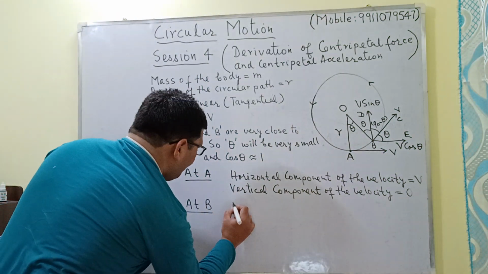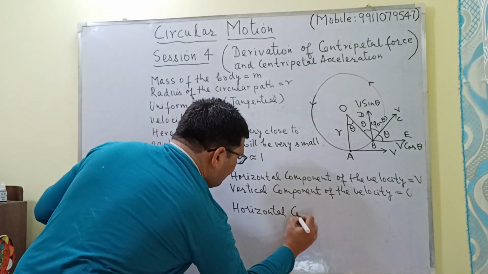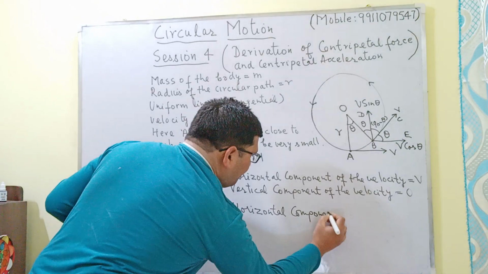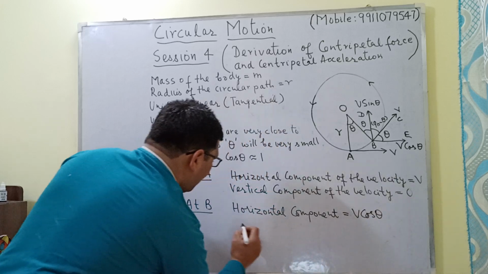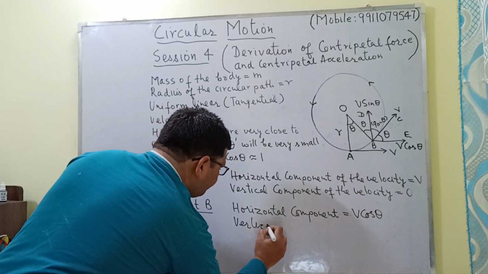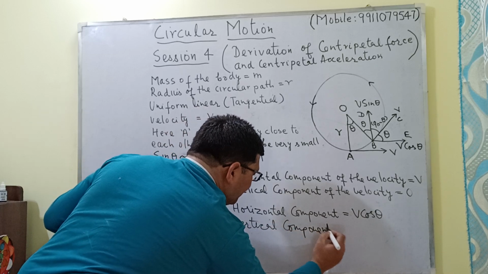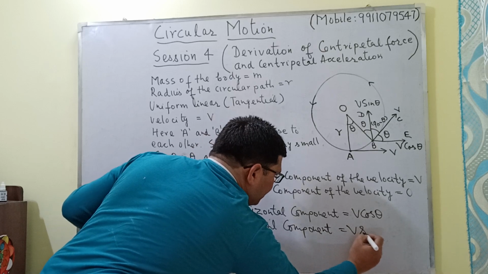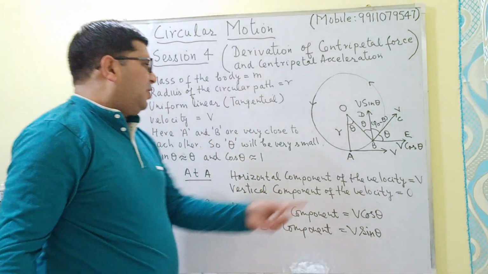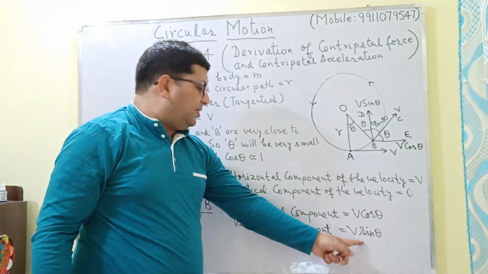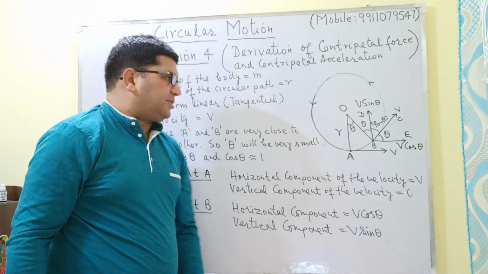So at B, the horizontal component of the velocity is equal to V cos theta, and the vertical component of this tangential velocity is equal to V sin theta.